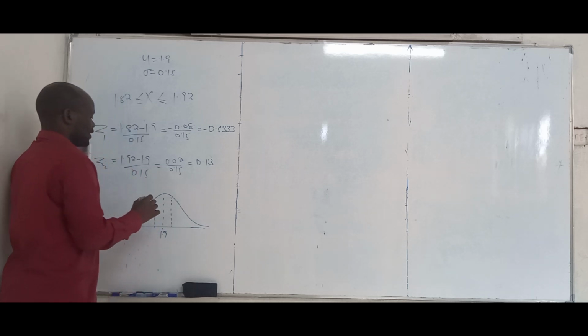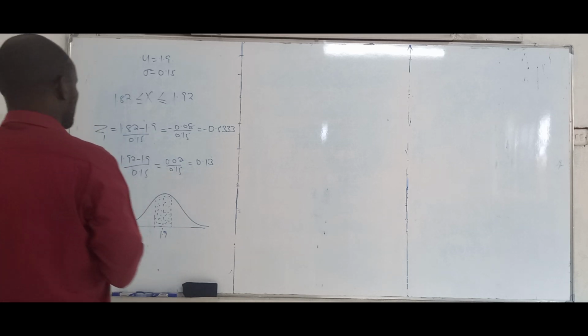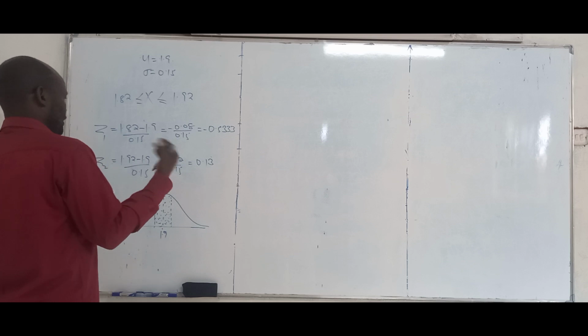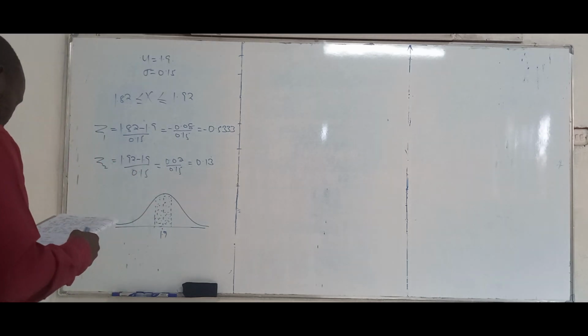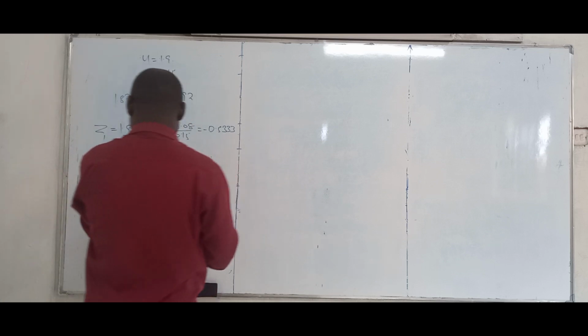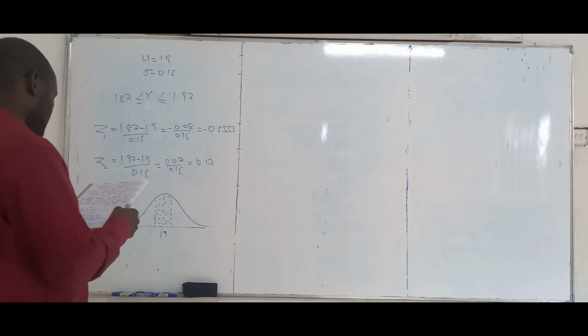So the area that we want is this shaded part. To get that area, we'll get phi of this and phi of this, and that should give us the area.